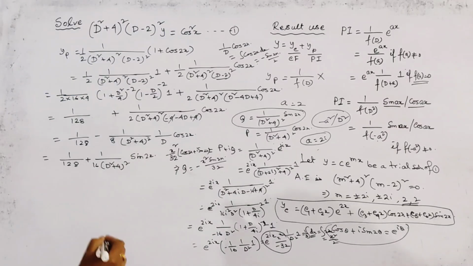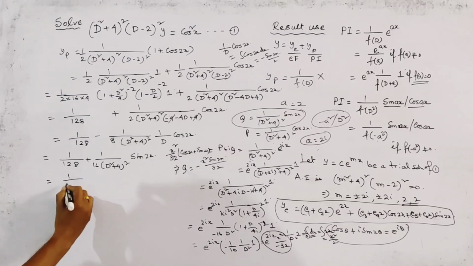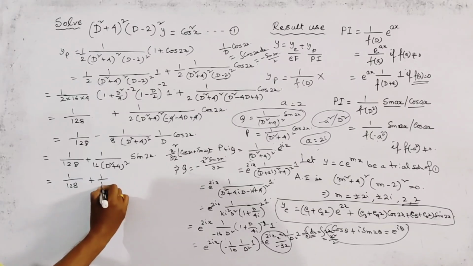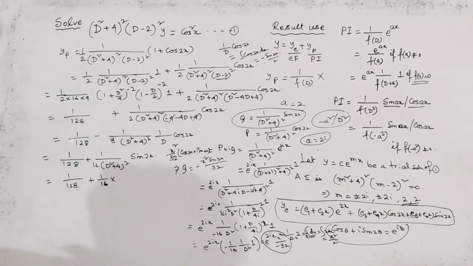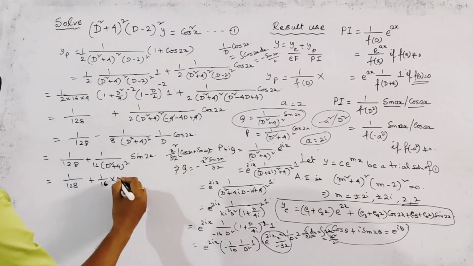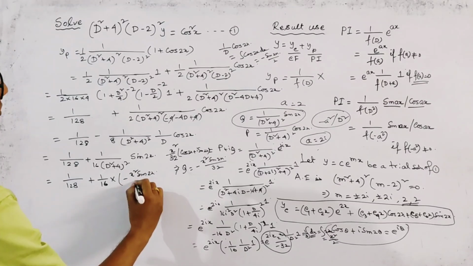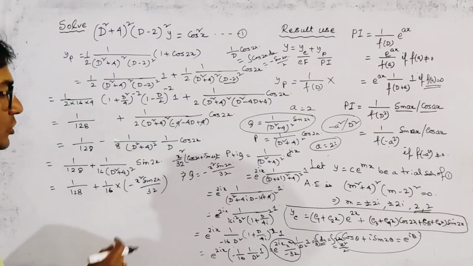Okay, so we get 1 by 128 plus 1 by 16 into, this is given by minus x square sin 2x by 32.